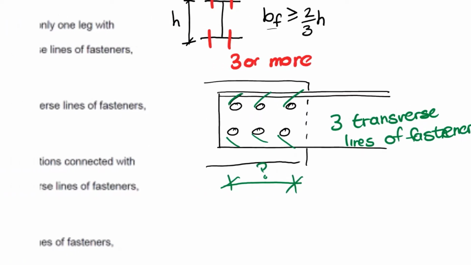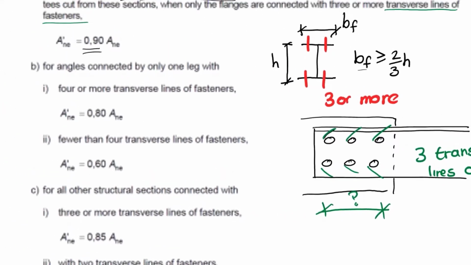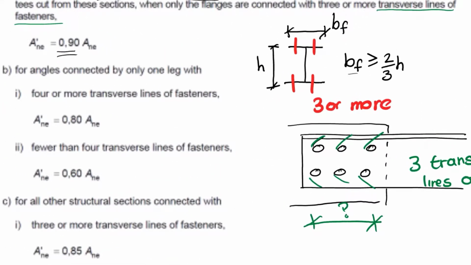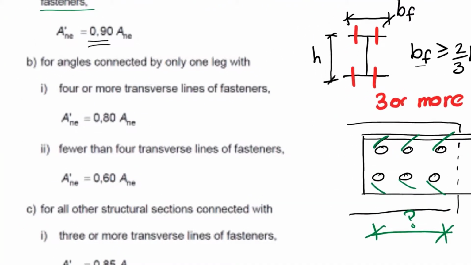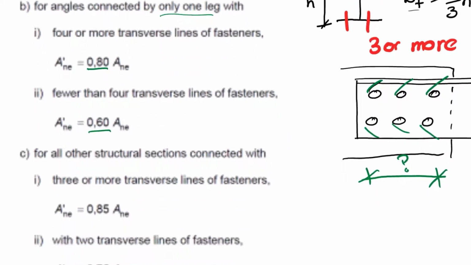So coming back now, if for instance we have angles connected by only one leg with 4 or more transverse lines of bolts, so I would need to have another one there and there. Now I've got 4, and with fewer than 4 I will have a different effective area. So either I use 80% of the effective area or 60% of the effective area. So you can see that the cross-sectional area decreases.